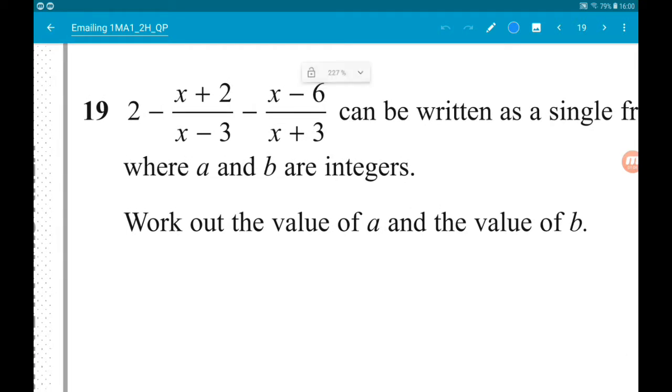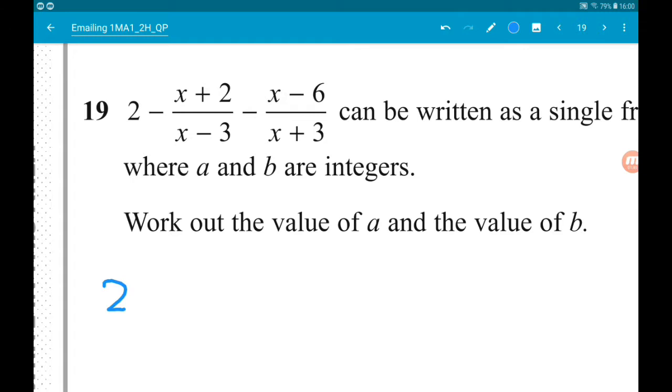We can think of 2 as being 2 over 1 as a fraction. To combine these fractions, we're going to want common denominators. So, we can turn 1 into x minus 3 by multiplying by x minus 3. So, we're going to multiply 2 by x minus 3 over x minus 3.